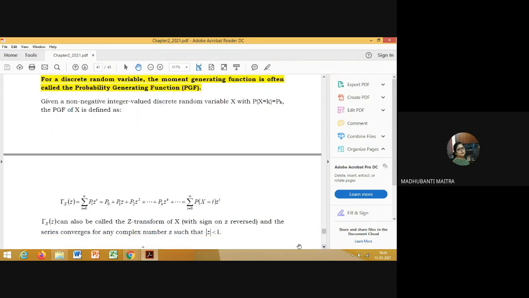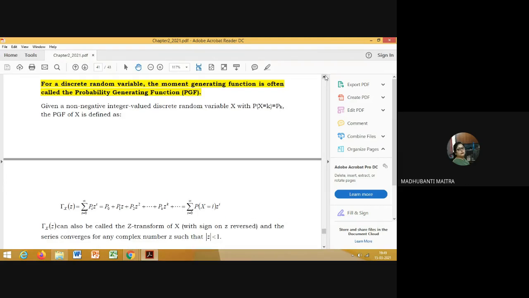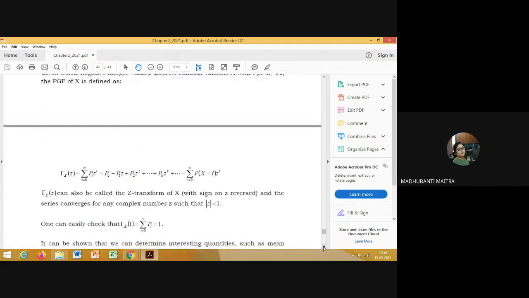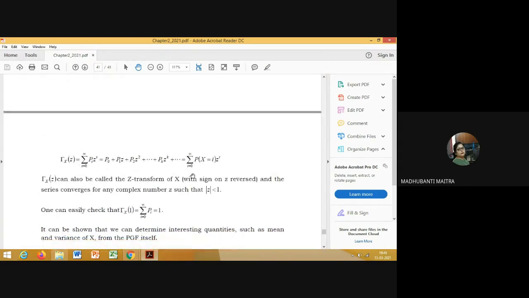So now if you just replace this part, e to the power j omega, by z, then the previous expression can be written as the summation of probability x is equal to xi multiplied by z to the power i.